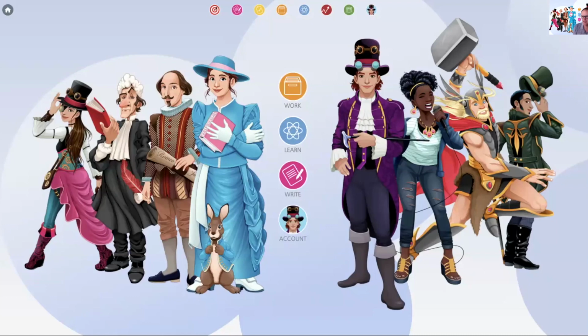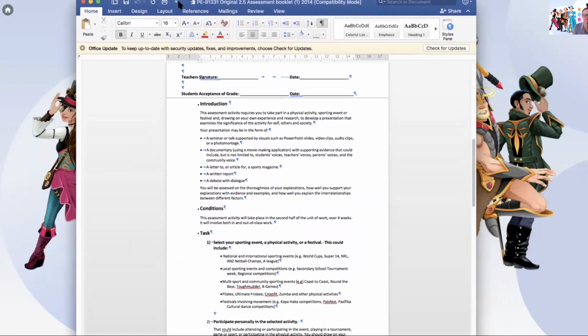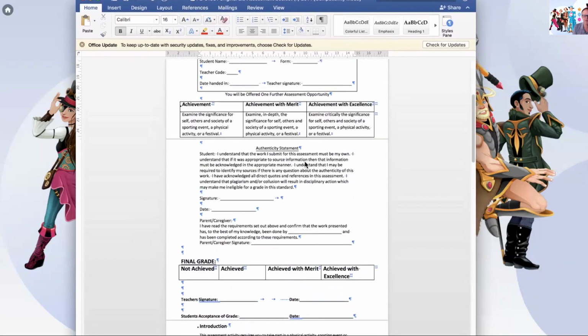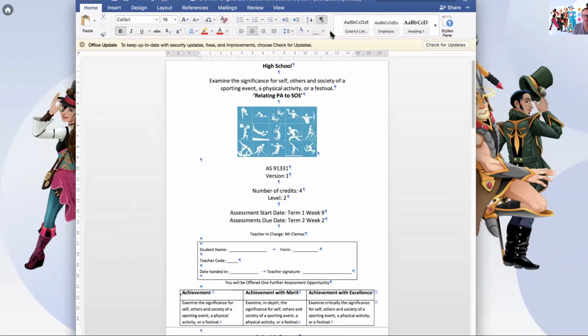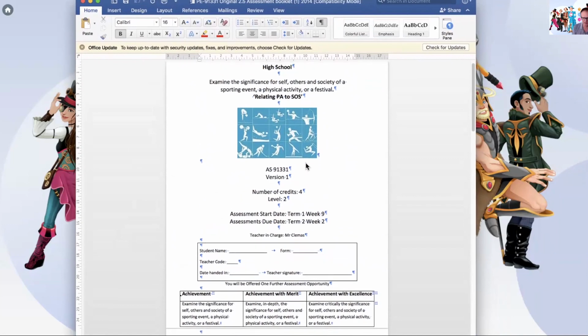Here's one, and against the very attractive backdrop of Writer's Toolbox, have you seen something like this recently? And yes, I can see a few hands going up. Here we have a level 2 assessment task in New Zealand. This is a PE task. Lucky you. And this is what the students were handed out.